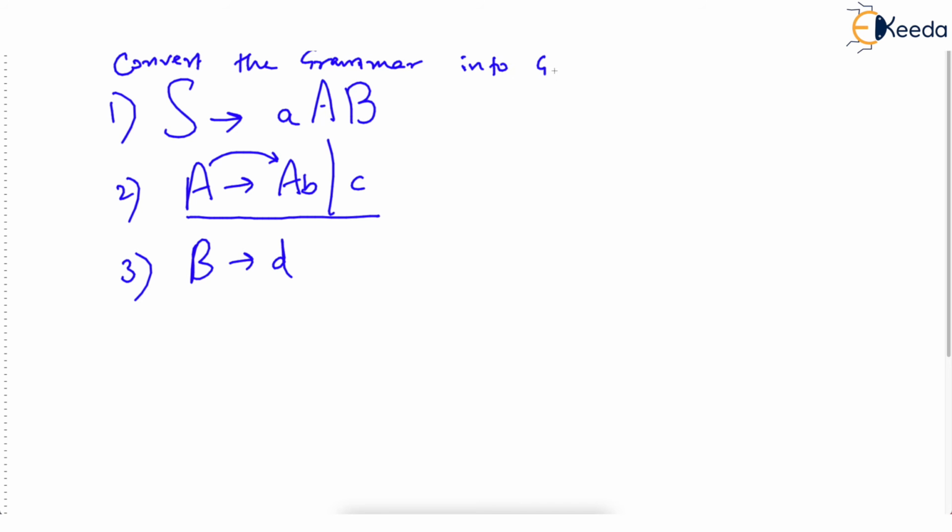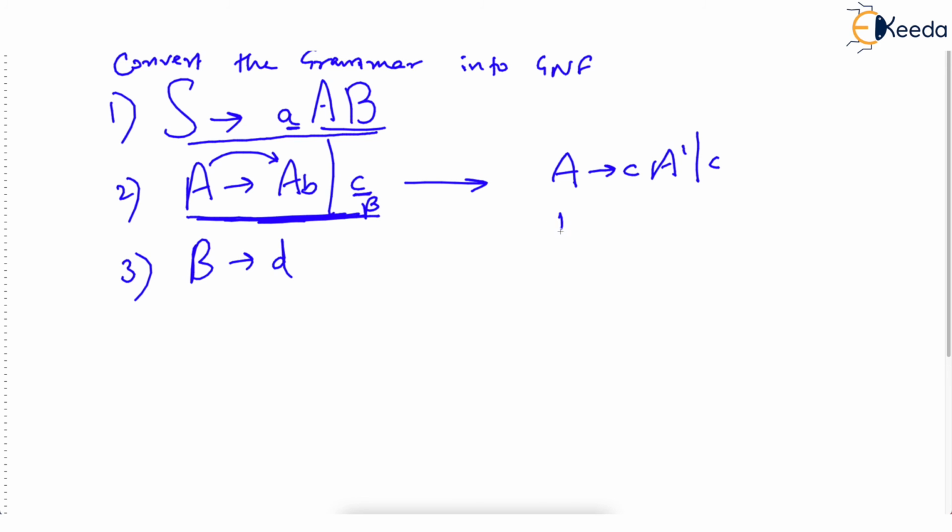Now you can see that the first production is already in GNF. It begins with a terminal followed by non-terminals. The second is not in GNF, but it can be easily rewritten as two productions, isn't it? What exactly are we going to write? A derives beta, beta is C, A dash, or simply beta. Check, this is beta in this production. And what is A dash?